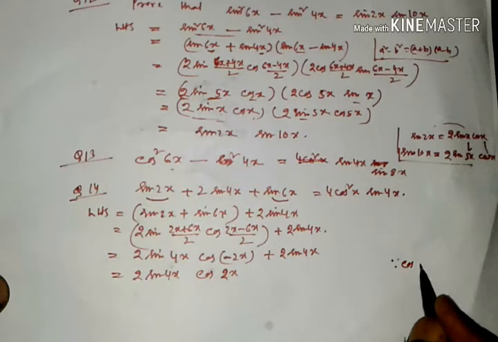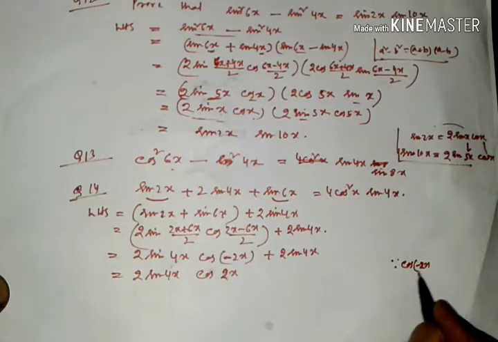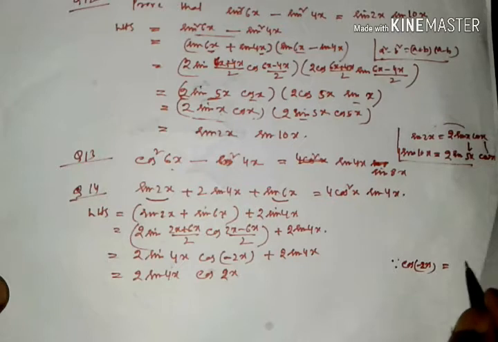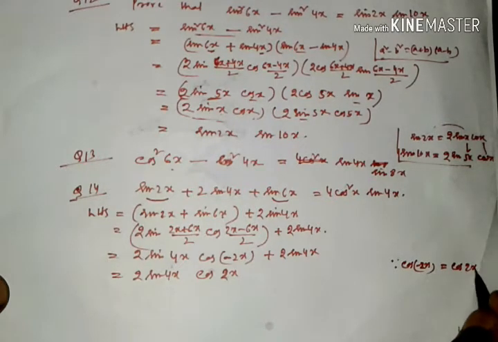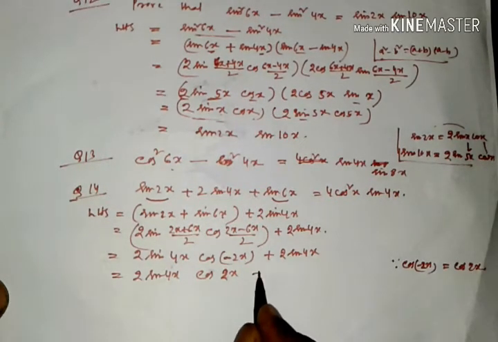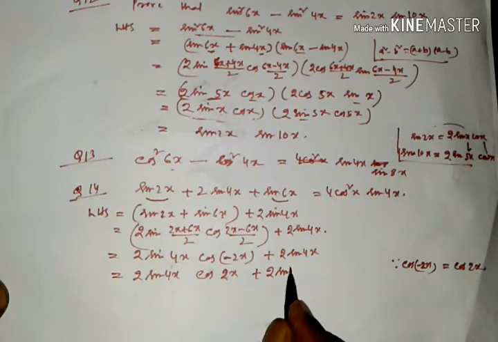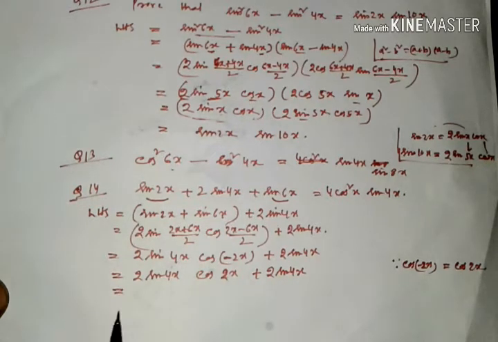So this is 2 sin 4x cos 2x plus 2 sin 4x. Now we take 2 sin 4x common. Therefore cos 2x plus 1.